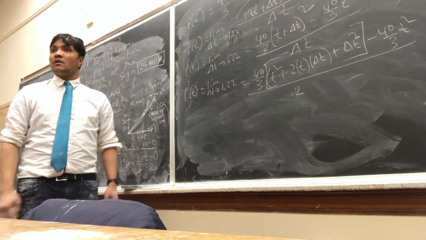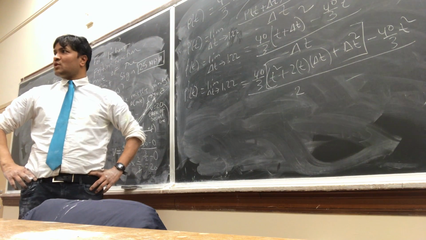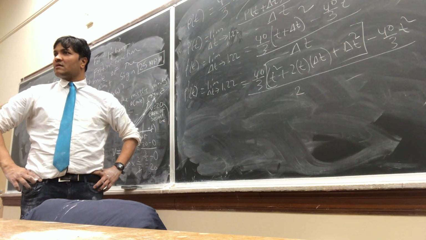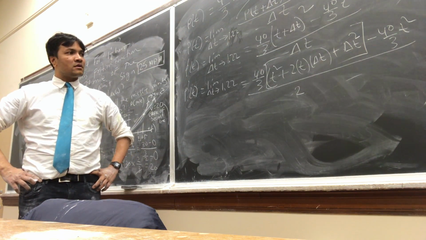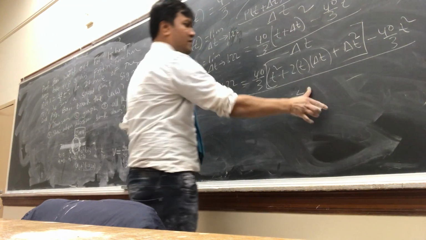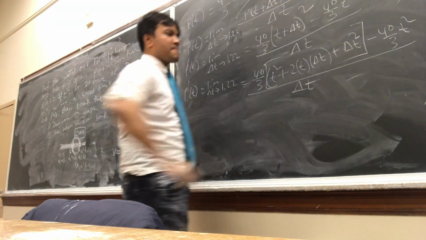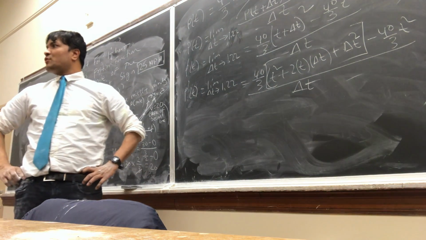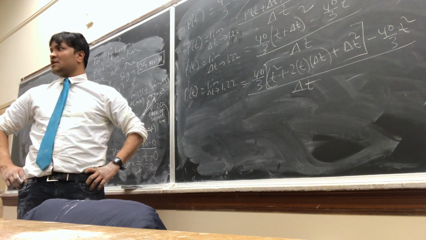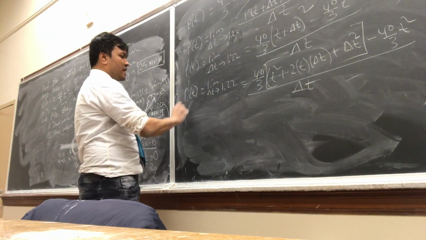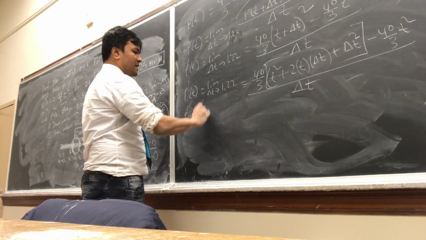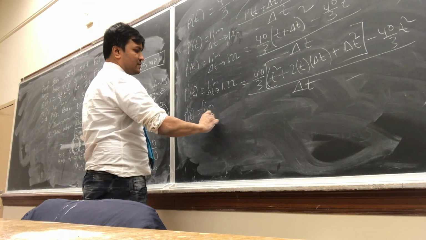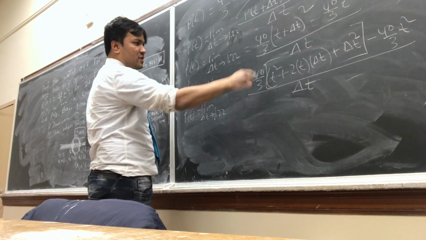Why do I have to put a bracket? Because you have to multiply that. Very good. So p prime of t is equal to the limit as delta t goes to 0.